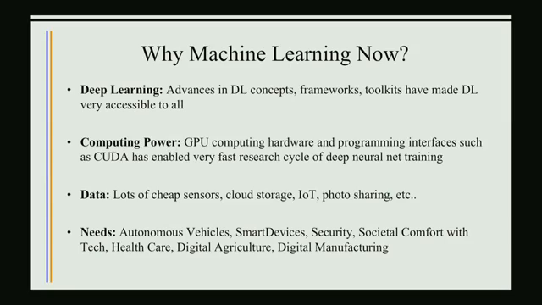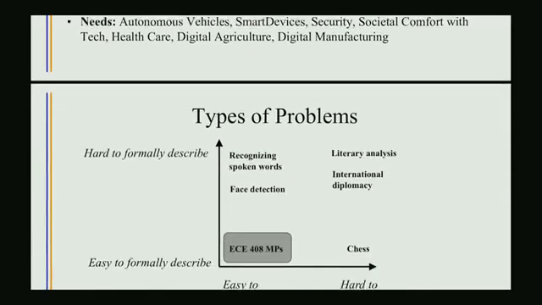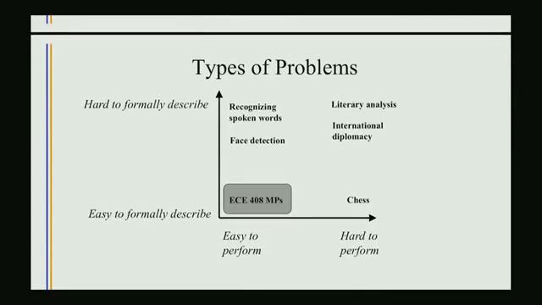It wasn't the case more than 10 years ago. It certainly is the case now. And because of all that, things are happening not just for autonomous vehicles and smart devices, but across so many aspects of our society today. So it's really an incredible time to be working in this area.